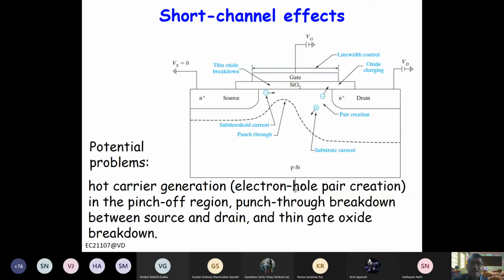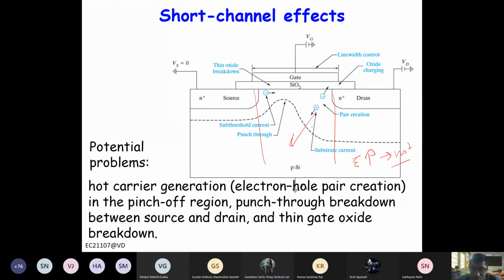And for short channel, what happens is, because the channel length is very short, the field is quite high, and these electrons can accelerate to high velocity, right? When these electrons get high velocity, we call them hot electrons. And in PMOS, we can have hot holes. Now these hot electrons can generate electron-hole pairs, and some of these carriers can go to the substrate.